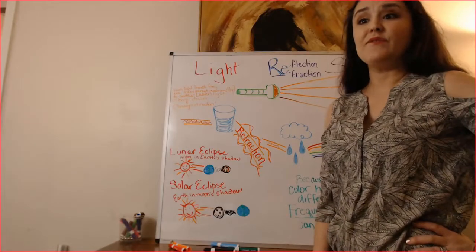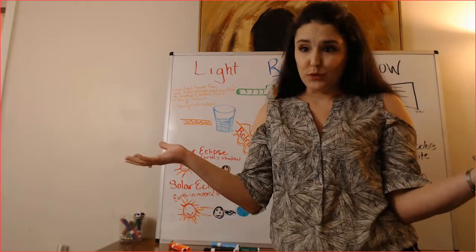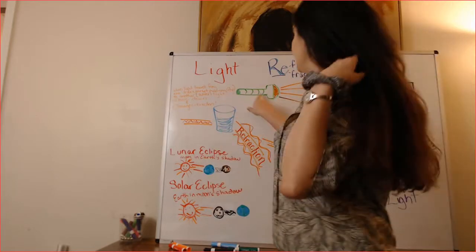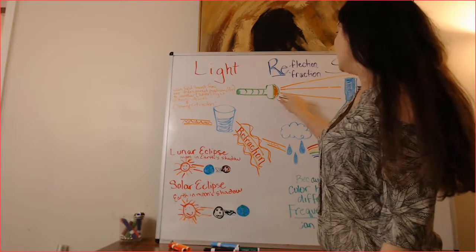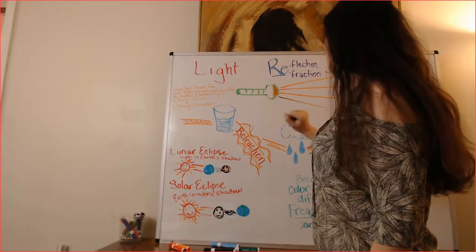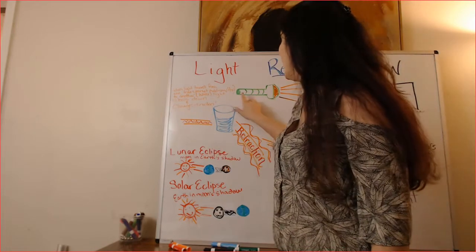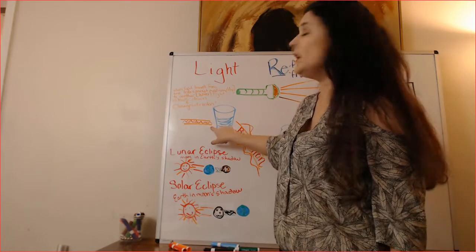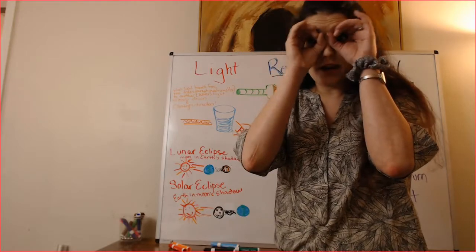Okay, friends, first we're going to talk about light. You all know what light is. It's how we see. Do you see my flashlight here? Do you see the rays of light coming out from it? Keep that in mind. We're going to need to remember that when we talk about shadow. But when light travels from one transparent medium, the air, can you see through the air?